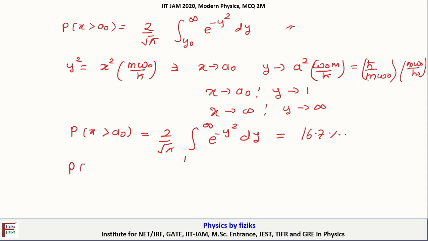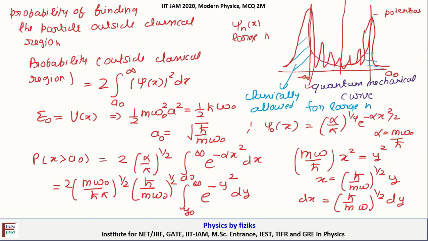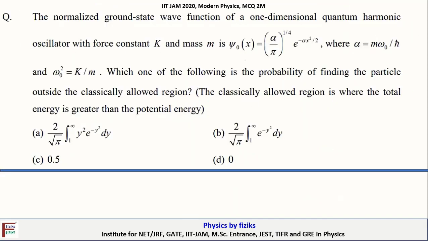And the probability of x less than a0 would turn out to be 83.3%. So the probability of finding the particle inside the classical limit would always be 83.3% and outside that is 16.7%. This you always remember. So our correct answer would be B.